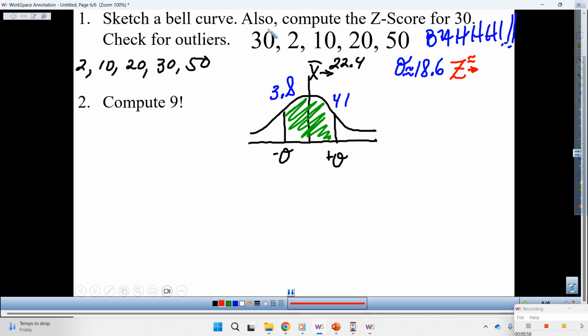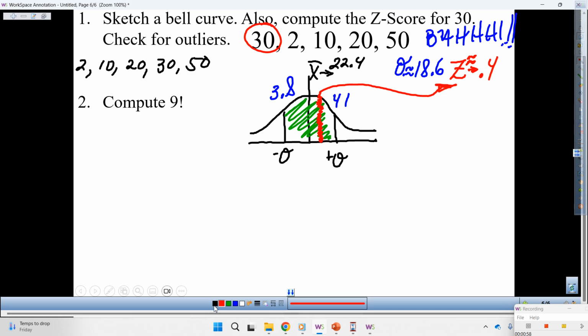Z-score for 30. All right, pass on one, Amelia. Alexa, z-score for 30. 0.4. So if we go to the right of the mean, right before the half, is 0.4. Looks about right.